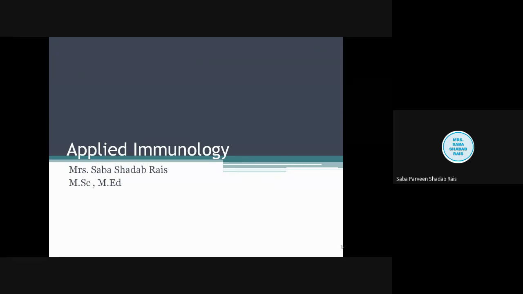So in applied immunology, we are going to learn basically antigen-antibody reactions. Now, when we talked about antigen and antibody, we learned that the antigen binds with the antibody, and we learned two important regions. One region is present on the surface of the antigen.